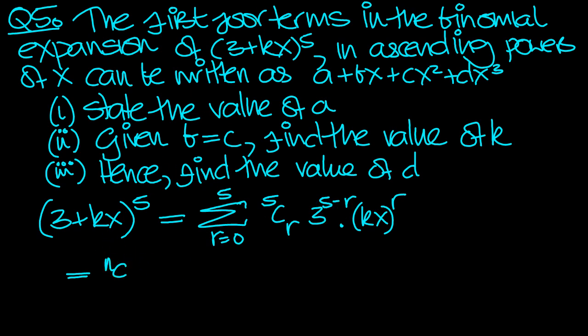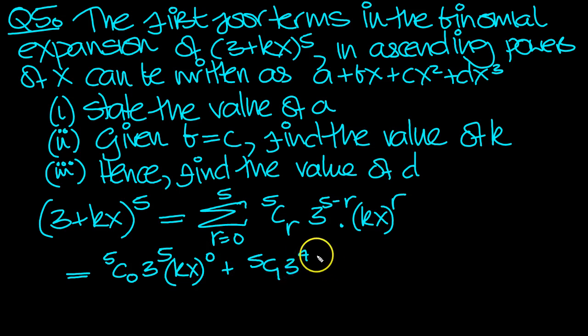So it'll be 5C0, 3 to the 5 minus 0, which is 3 to the 5, kx to the power 0, plus 5C1, 3 to the 4, kx to the 1, plus 5C2, isn't it?